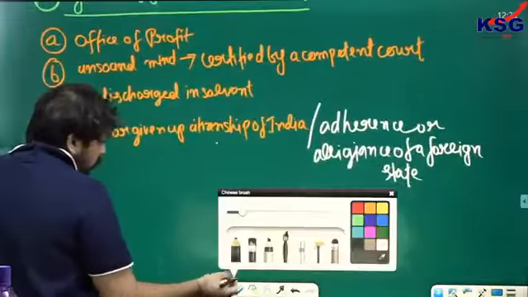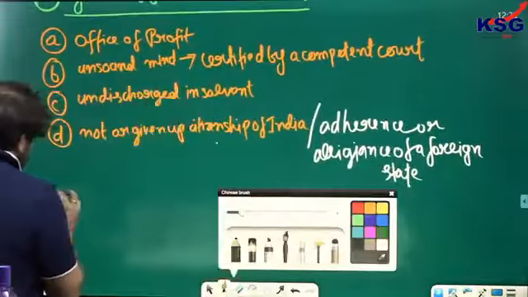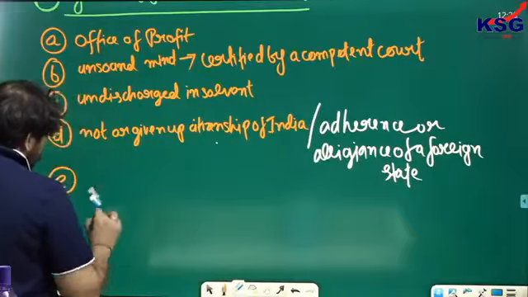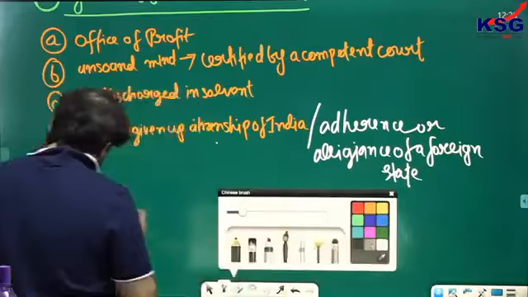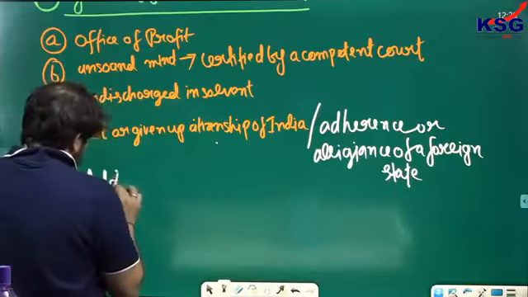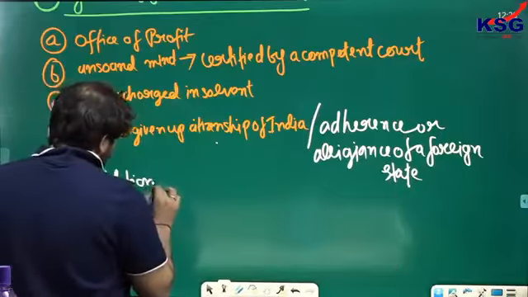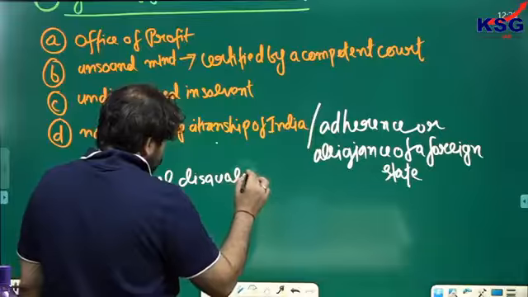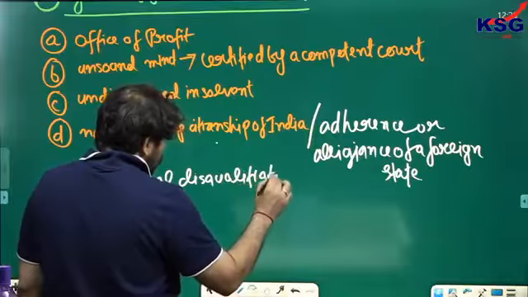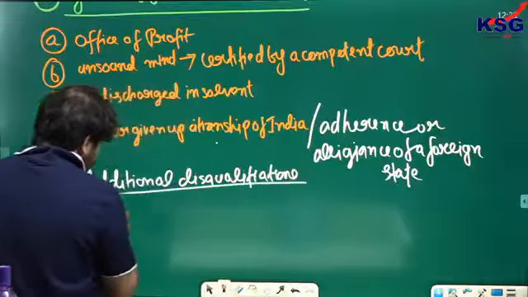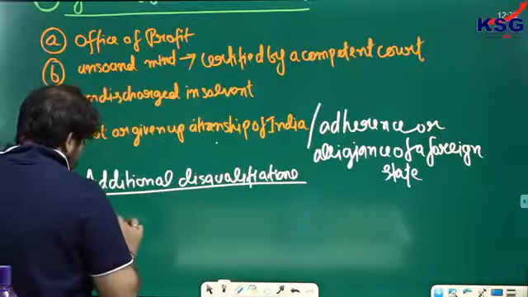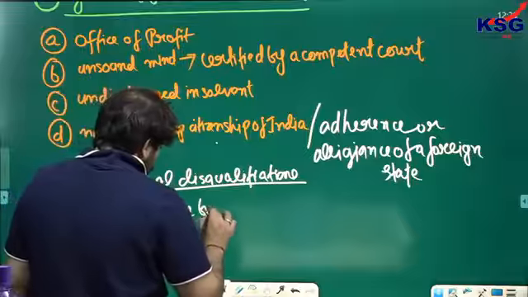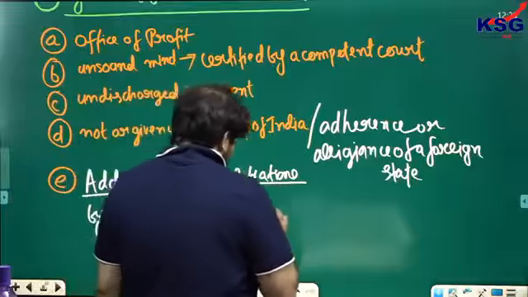Then you have the 5th ground attached to it, which is by a law made by the Parliament. This is where it comes out as additional disqualifications. What are those? By a law made by Parliament.